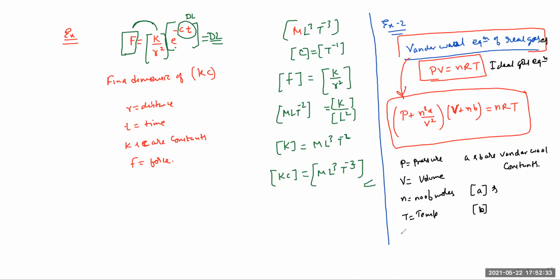N is not a number, guys. N is the number of moles. So B is mole minus 1. Yes, mole minus 1. That's it.